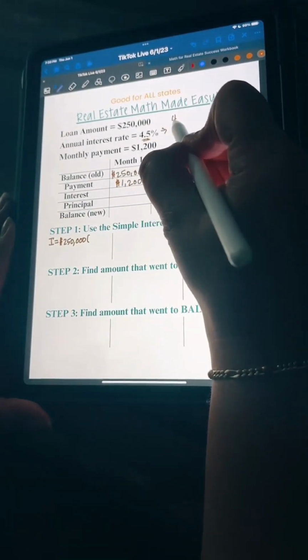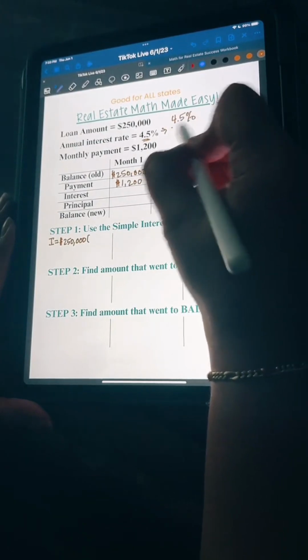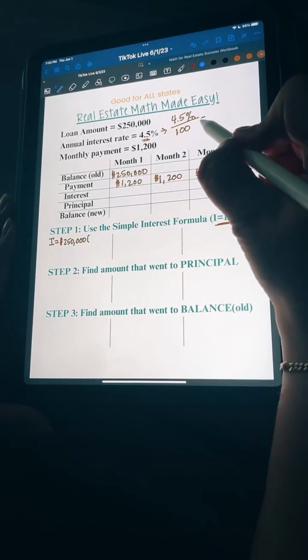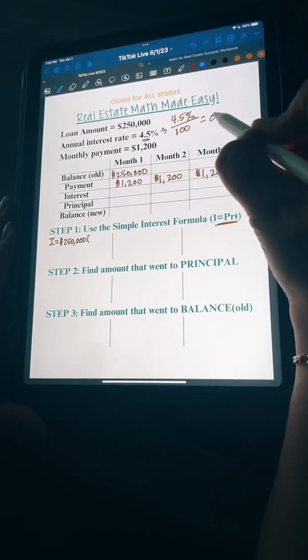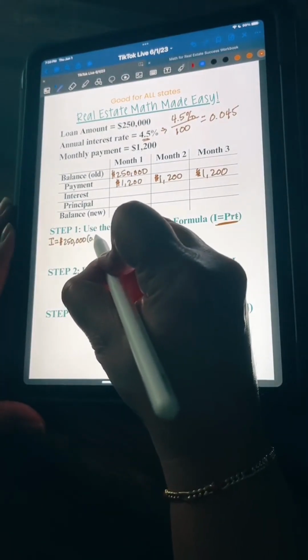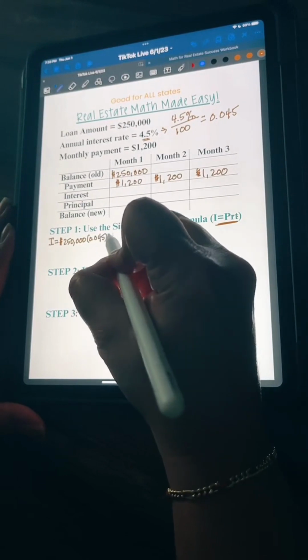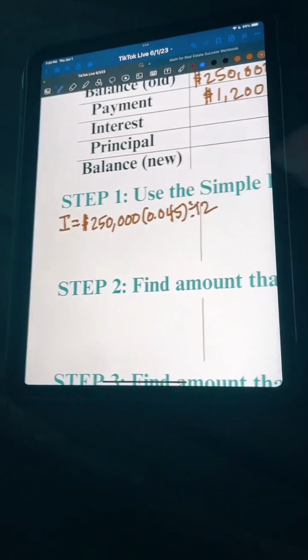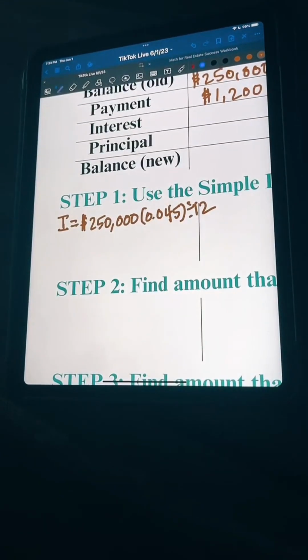Remember to change this to a decimal. I know it looks like a decimal, but it's a percent decimal. So we got to change it to a real decimal, which means we got to divide, and that equals 0.045. So I'm going to multiply by 0.045, and then we divide by 12.